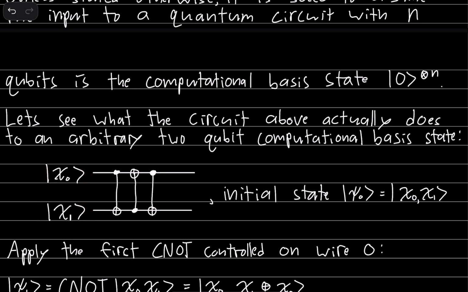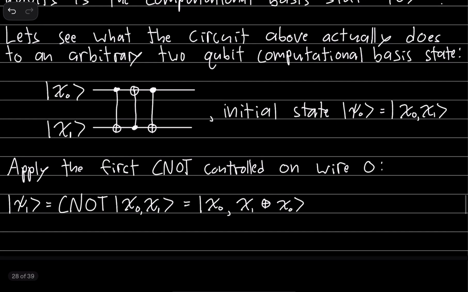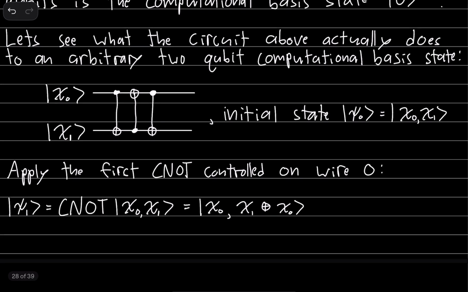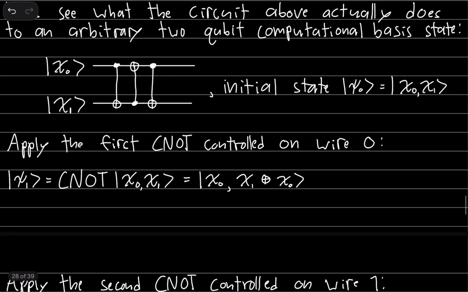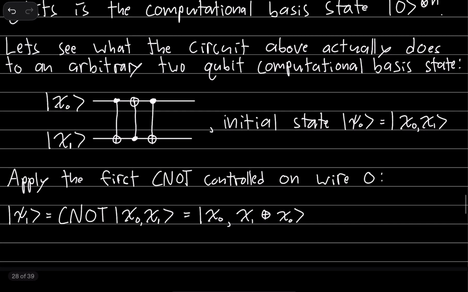This qubit is either ket 0 or ket 1. So given this initial state, ket x0, x1, which is just the tensor product of the two, we're going to figure out what the circuit actually does to this input state.